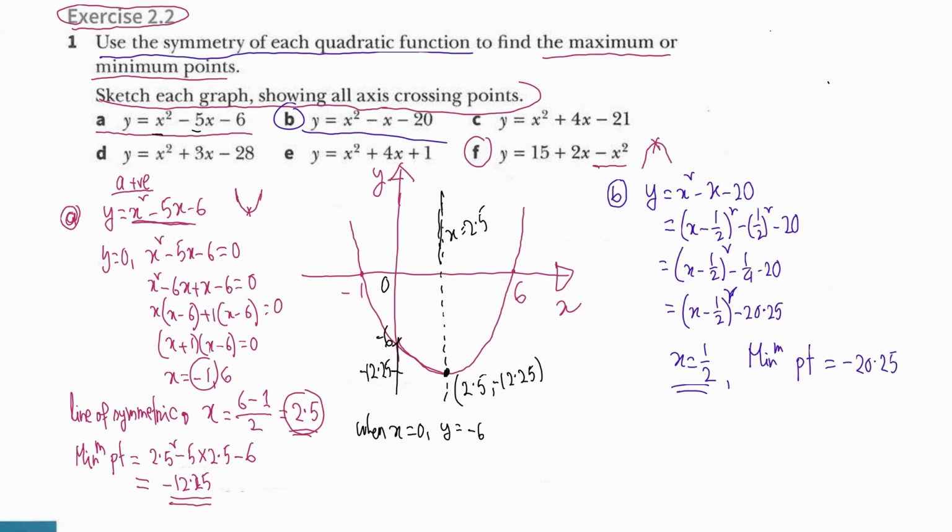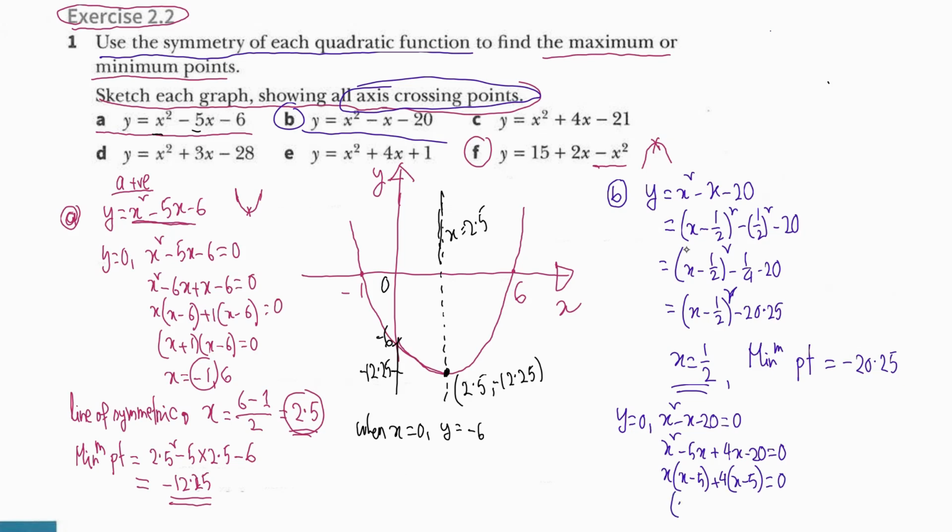Now I'm going to draw it, but before that, because the question asks for axis crossing points, we have to find the intercept with the x-axis. So let y equal 0, then the equation is x squared minus x minus 20 equals 0, and x squared minus 5x plus 4x minus 20 equals 0. Taking common factors, it becomes (x minus 5)(x plus 4) equals 0.